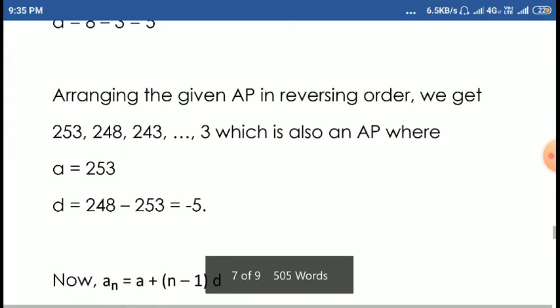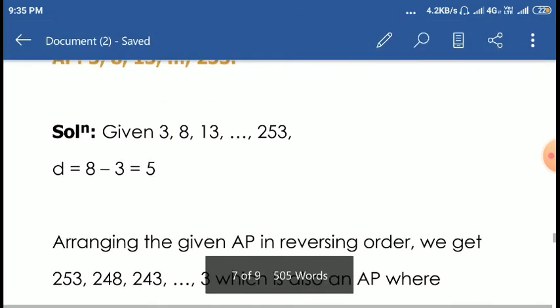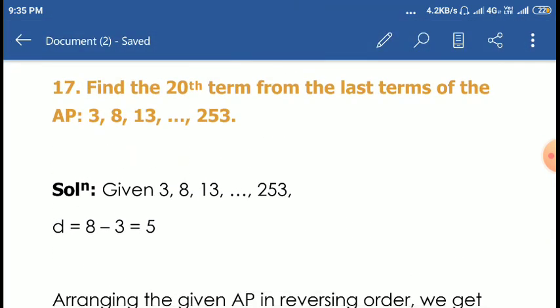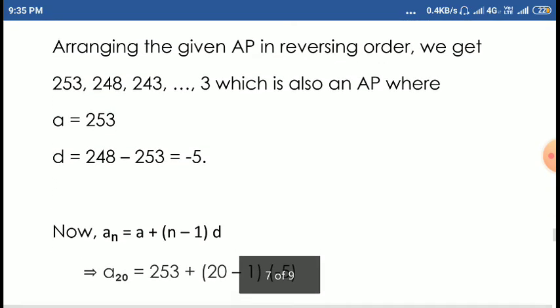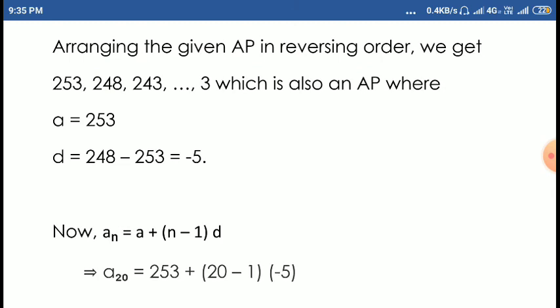Since we have to find the 20th term from the last term, we have to arrange the AP in reverse order. Arranging the given AP in reverse order, we get 253, then 248, then 243, and so on, and the last one will be 3, which is also an AP.